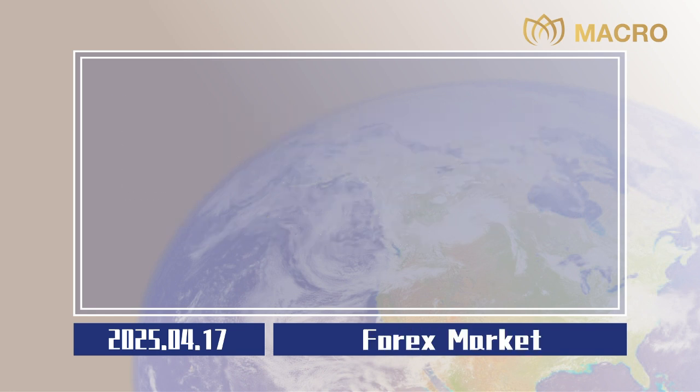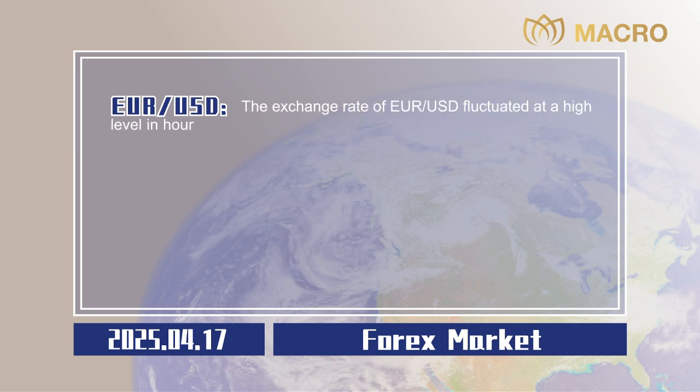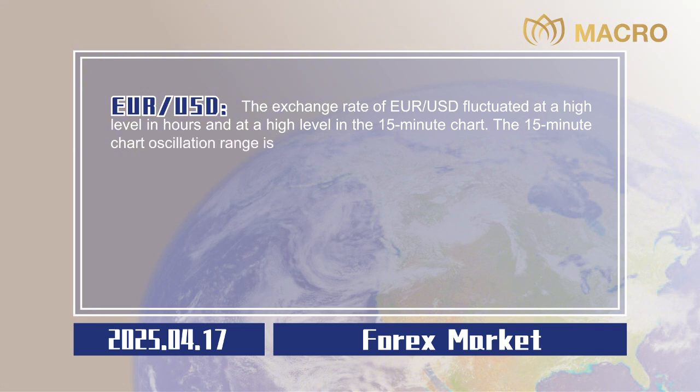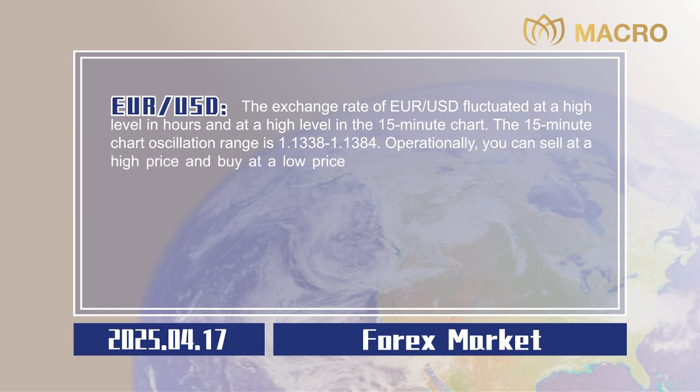Forex market. Euro to US dollar. The exchange rate of euro to US dollar fluctuated at a high level in hours and at a high level in the 15-minute chart. The 15-minute chart oscillation range is 1.1338 to 1.1384. Operationally, you can sell at a high price and buy at a low price in this range.